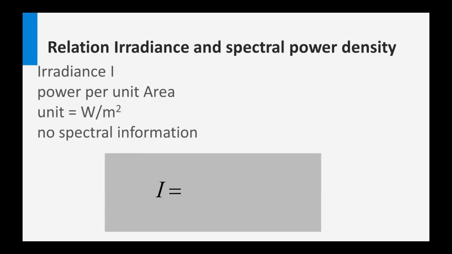Note that this parameter has no spectral information. So if I have an irradiance of 500 watts per square meter, I don't know whether this is focused on the blue spectral part, the red, or the infrared. So irradiance only gives the power per unit area.